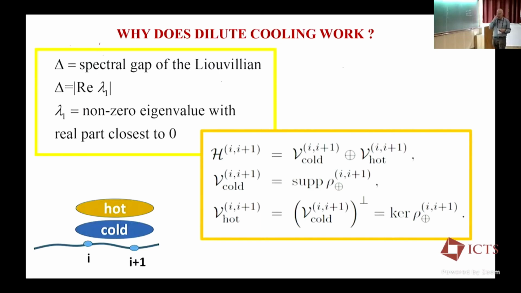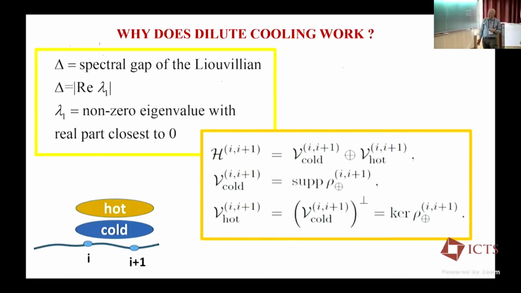In other words, I have the target state, I project it onto this particular link. That would be my cold subspace on this link. Everything else, which is the perpendicular part of this Hilbert space, will be called the hot subspace, which I also call the kernel of the ground state on this link, I+1.